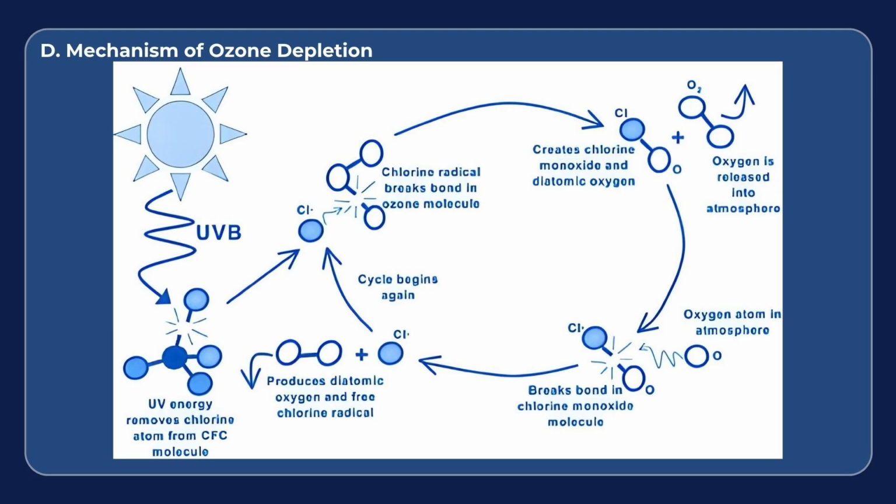One molecule of nitric oxide can repeat this two-step process thousands of times in a continuous chain reaction. The regenerative nature of this cycle explains why even small amounts of nitrogen oxide from supersonic transport can cause massive long-term depletion.